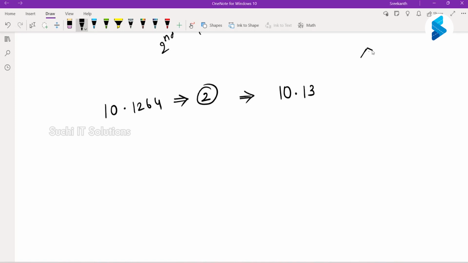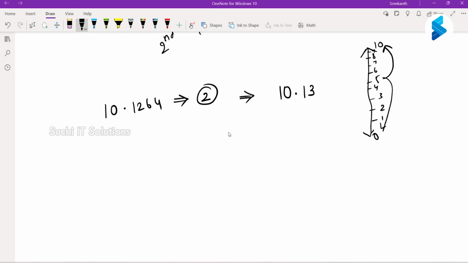Right. So whenever I'm looking at rounding, always think of 0 to 10: 1, 2, 3, 4, 5, 6, 7, 8, 9, and 10. If the digit is greater than or equal to 5, I'll go to the next number. If it is lesser, then I'll go to the previous number.